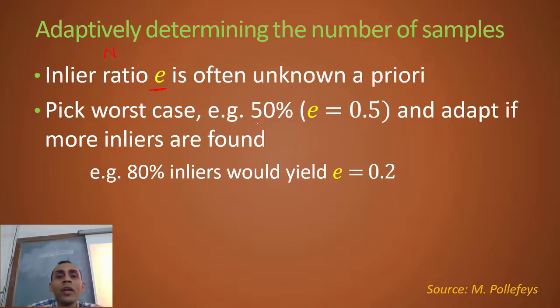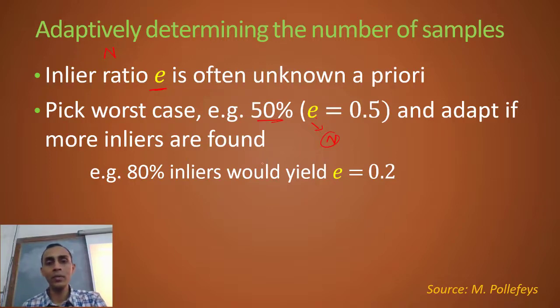We can assume that the outlier ratio is 50%, that 50% of your feature points are garbage. So you calculate the value of n using e = 0.5. You initialize your algorithm with that value, and then if you find while running the trials that the scenario was much better, then you can update this value of n.